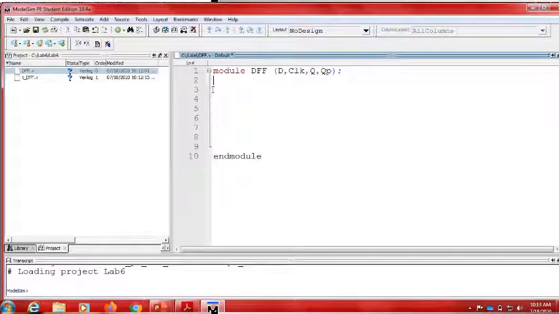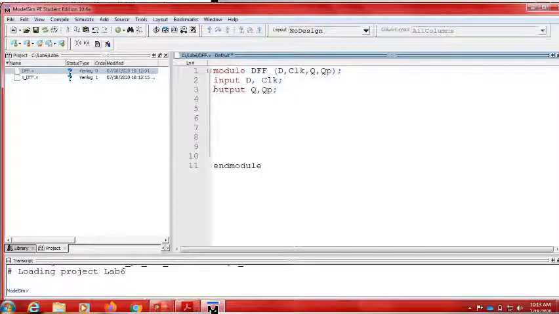Now we're going to define our inputs. Input is D and clock, and outputs are Q and Q prime, QP.